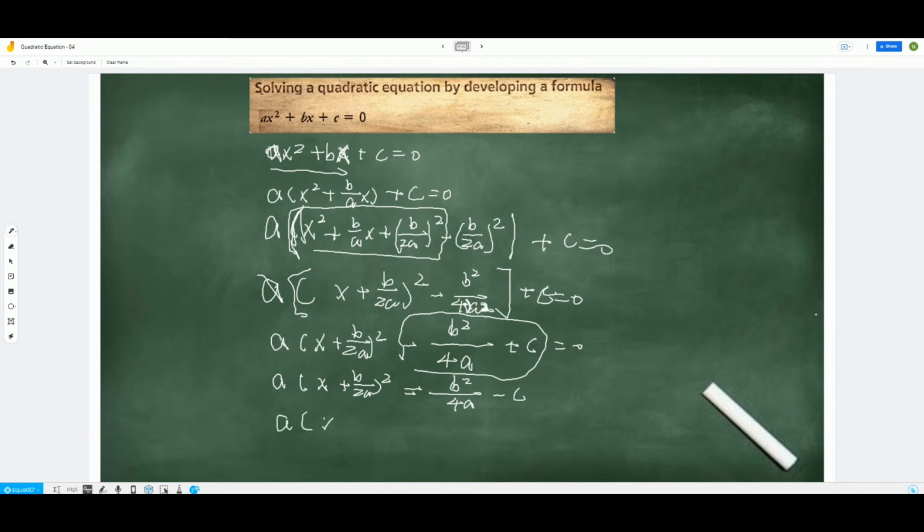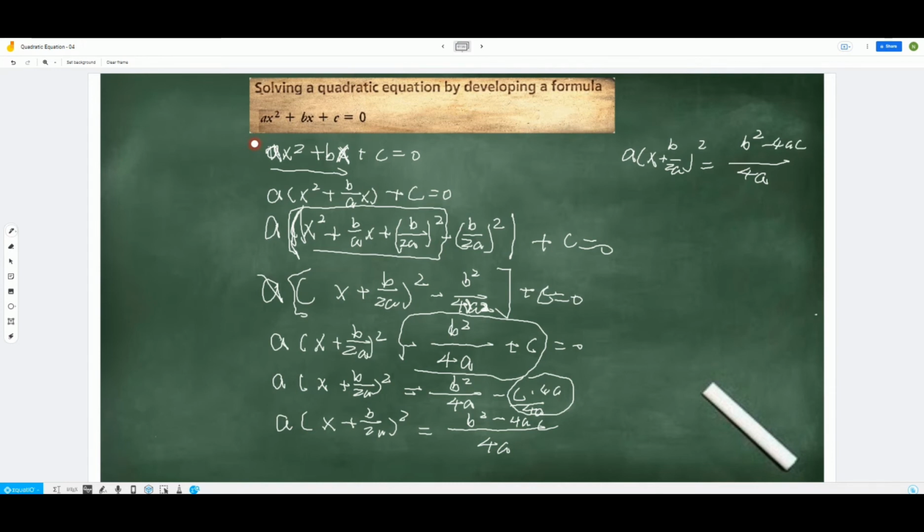Copy: a times (x plus b over 2a) squared equals b squared over 4a minus c. Here c times 4a over 4a gives 4ac. So a times (x plus b over 2a) squared equals (b squared minus 4ac) over 4a.